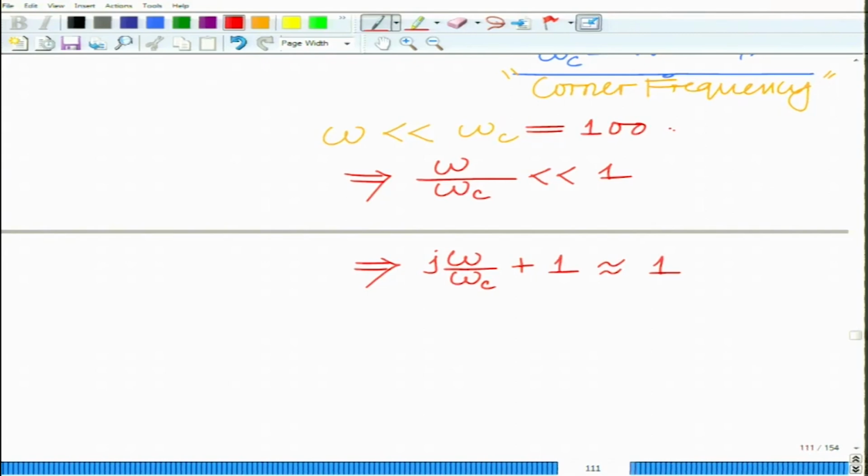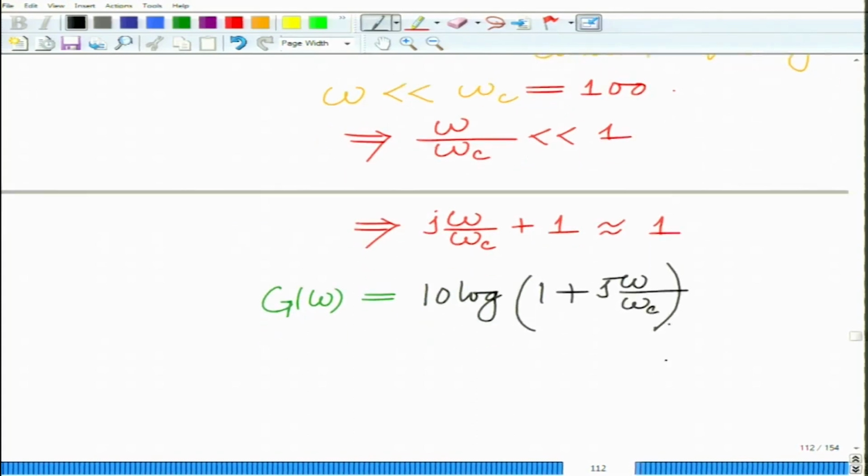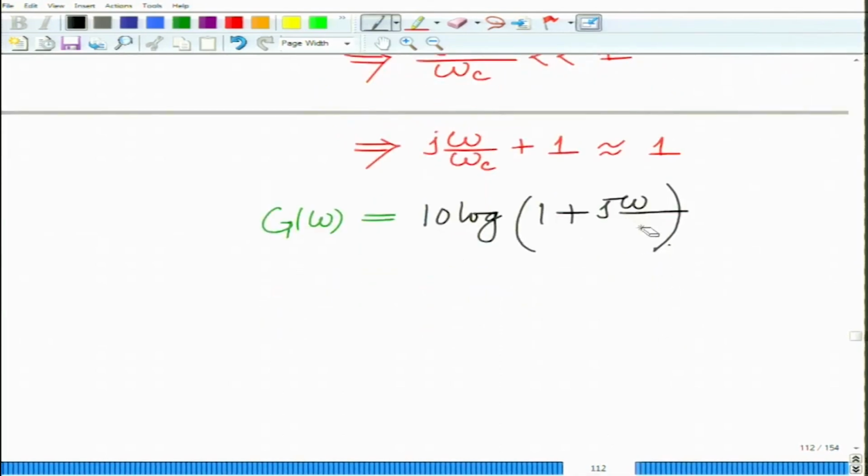Now, in this case, what you can see is G of omega equals 10 log to the base 10, I will omit the log to the base 10 since we are going to write it frequently, of 1 plus j omega by omega c, or omega over 100.